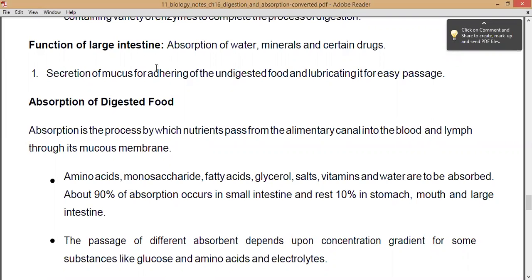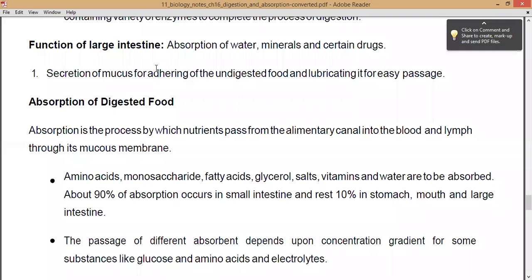So the function of the large intestine is to absorb water, minerals and several drugs, and it is also responsible for passing the undigested food, making it soft, and forming the stool in such a way that it can be easily passed out from your body, right?